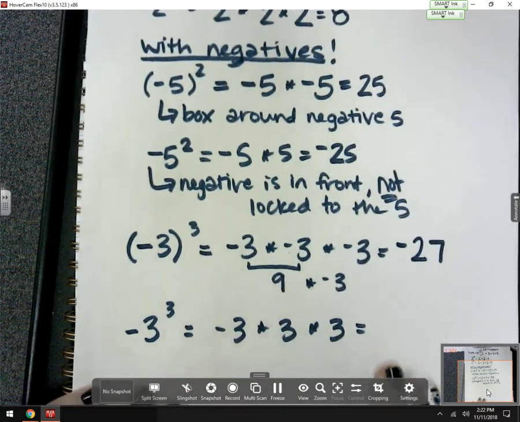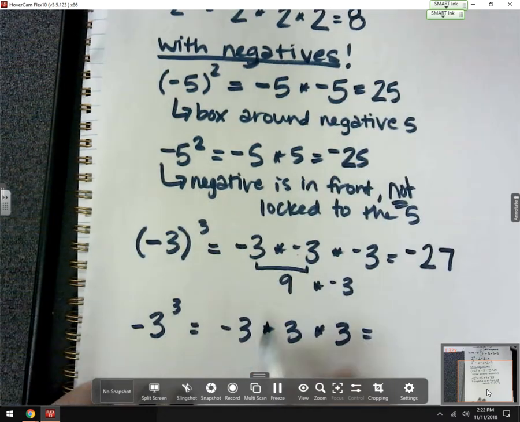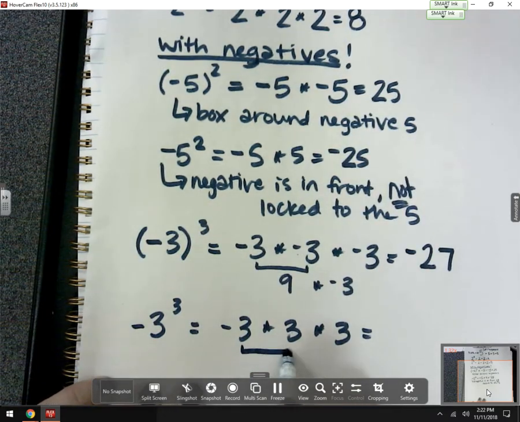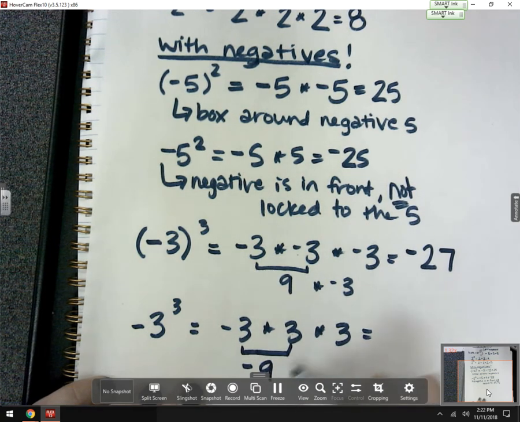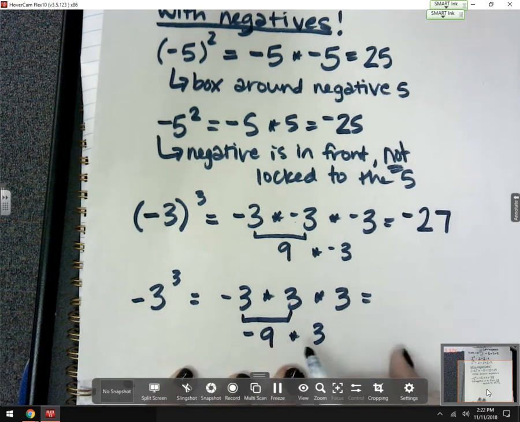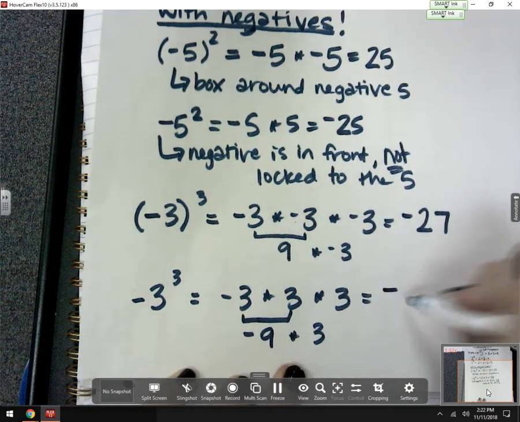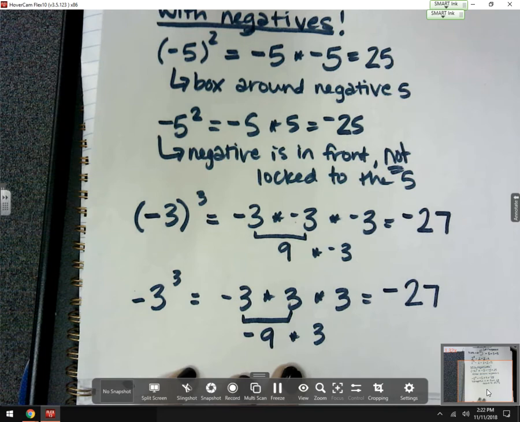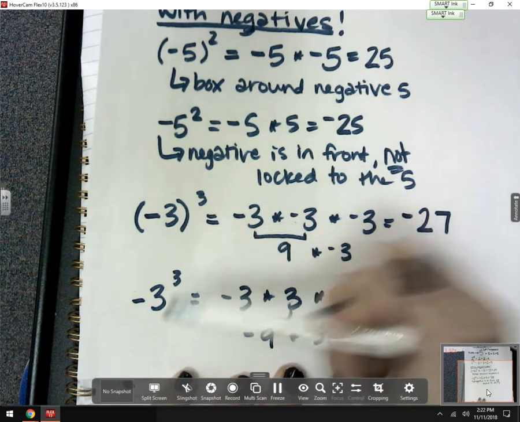Down here, I've got a negative times a positive, which is a negative. So 3 times 3 is 9, times a positive. A negative times a positive is a negative. So my answer is 27. Just because I ended up with the same answer, that doesn't mean that these are the same.